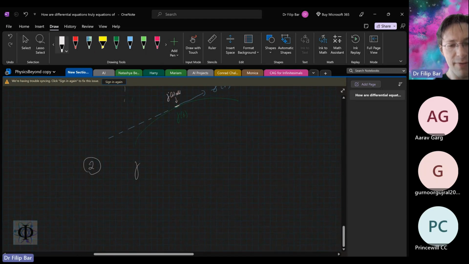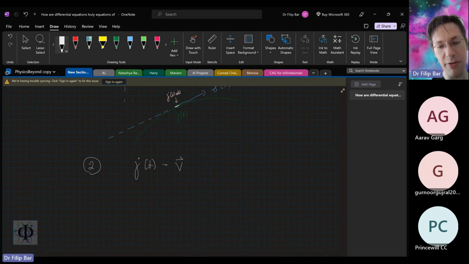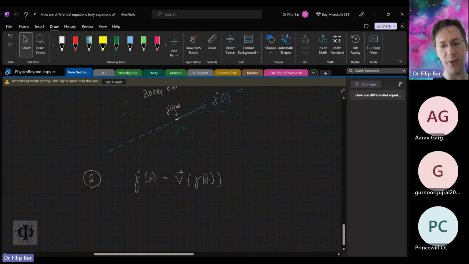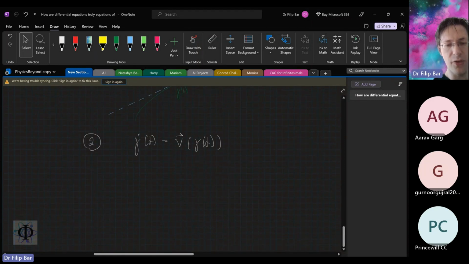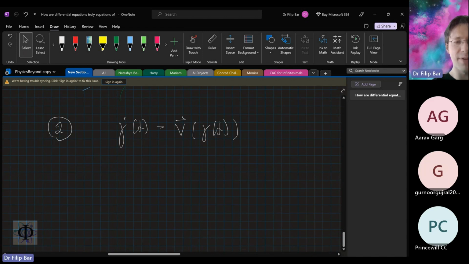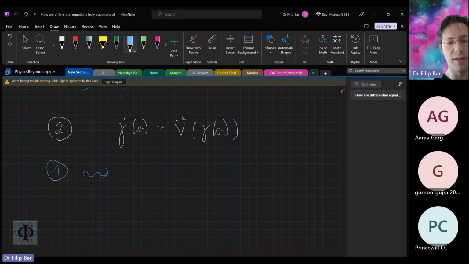Gamma dot of t is a vector field which describes my river flow, and it's the velocity vector of the water at this point gamma(t). So combining this with step one, I have that d gamma equals gamma dot of t dt.